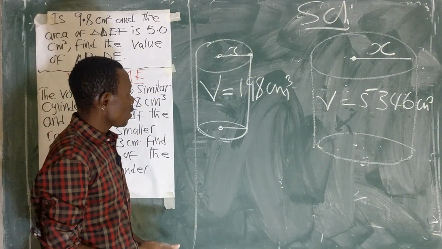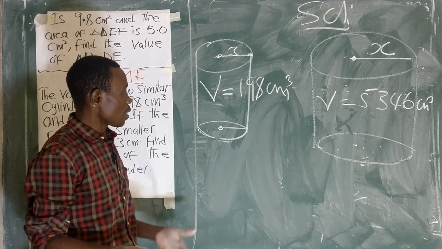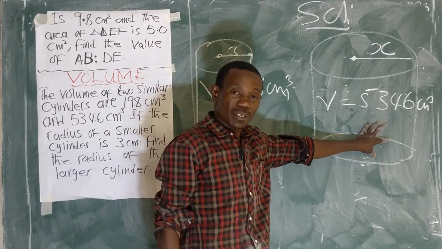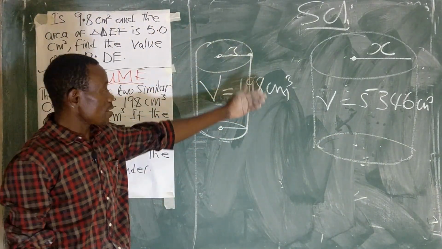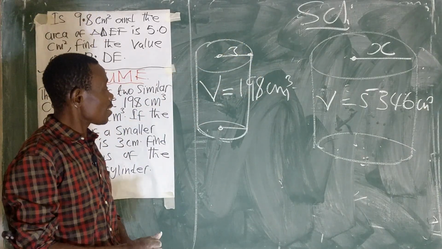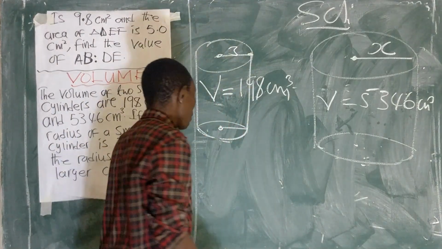In this case, you always use the relationship between the linear scale factor and the volume scale factor. That knowledge will help you work out the missing variable, in this case x, representing the radius of the larger cylinder. Without wasting time, it is all what we did about the area.